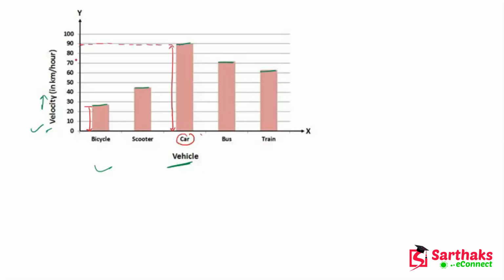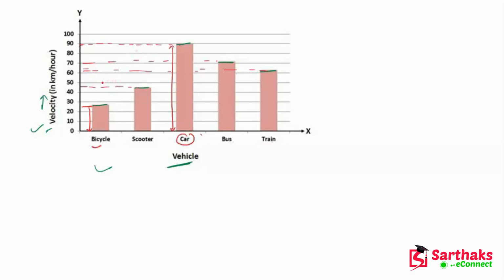These graphs are also used to compare certain quantities. Here we can see that the bicycle has a velocity of approximately 25 kilometers per hour, the scooter has 45 kilometers per hour, the bus has 70 kilometers per hour, and the train has approximately 62 kilometers per hour.